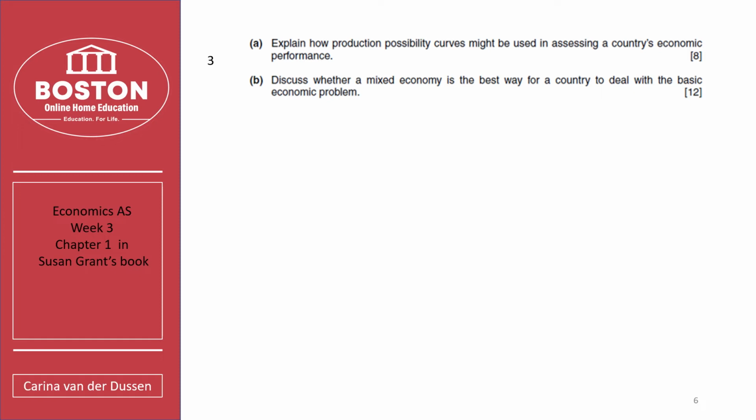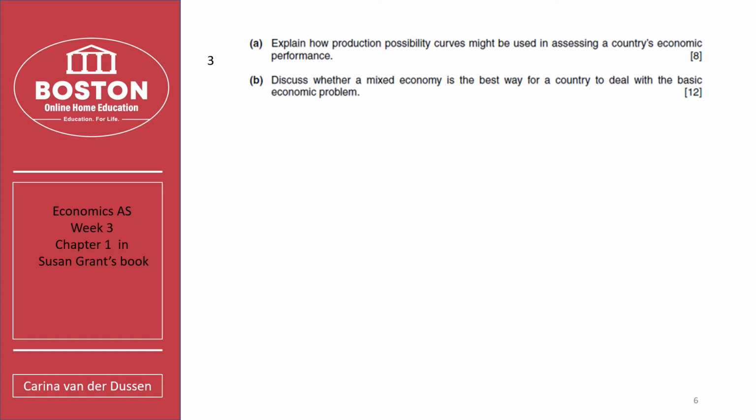Explain what a free market economy is, what a planned economy is, why they both fail, and then you can say, therefore, the mixed economy is the best way.